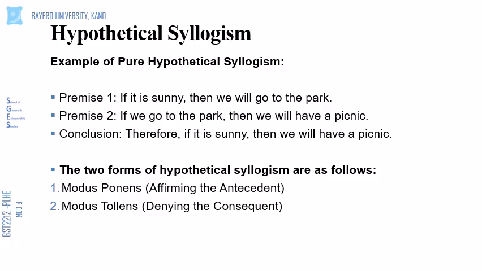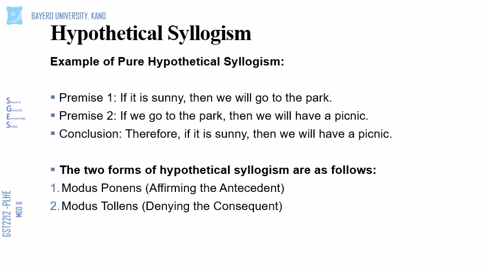The conclusion here is, therefore, if it is sunny, then we will have a picnic. So this is an example of pure hypothetical syllogism that comprises two premises, and all these are in conditional statements.